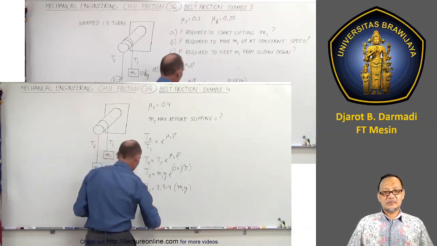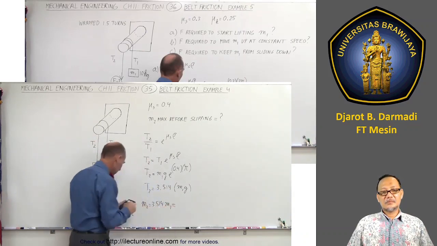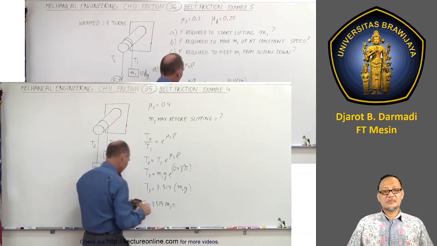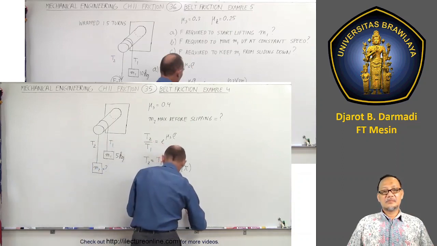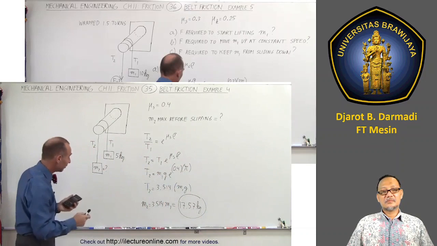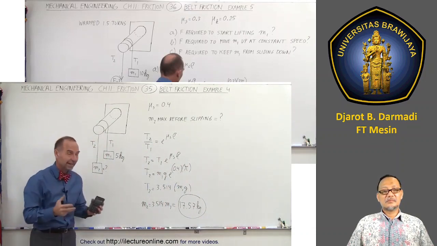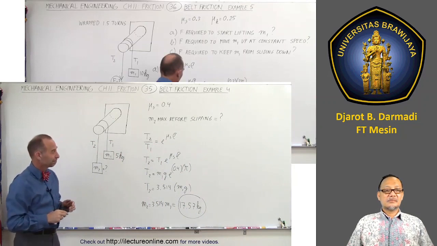Therefore, we can say that M2 is equal to 3.514 times M1. So we multiply that times 5, and we get 17.57 kilograms as being the maximum mass that we can place on this side before everything starts slipping. And that's how it's done.